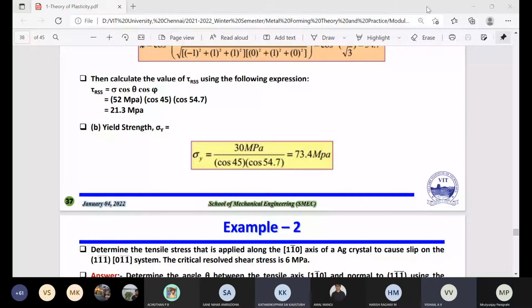Sir, cos theta is somewhere around 0.47. 0.47? One second, because I have not calculated actually. Okay, you can go for 5. Maybe I will just calculate. Yeah, 0.82, right?